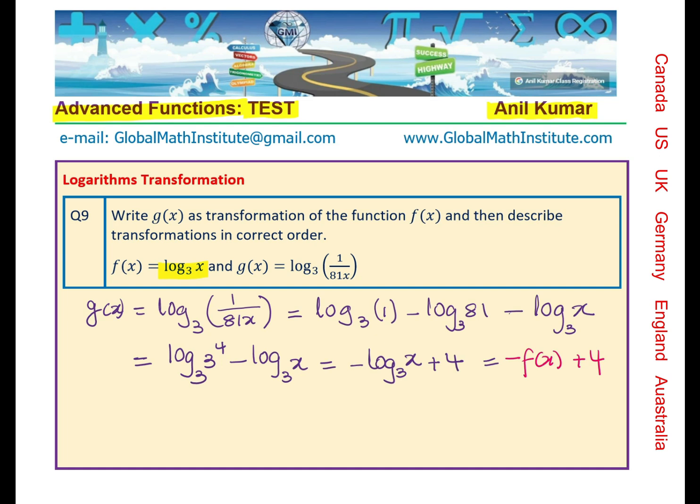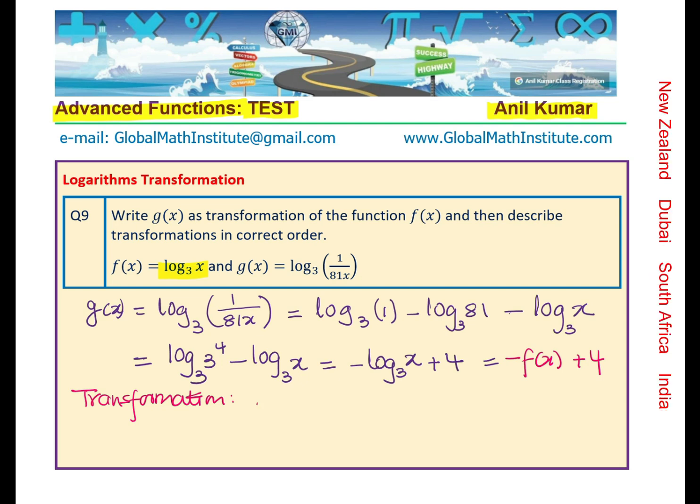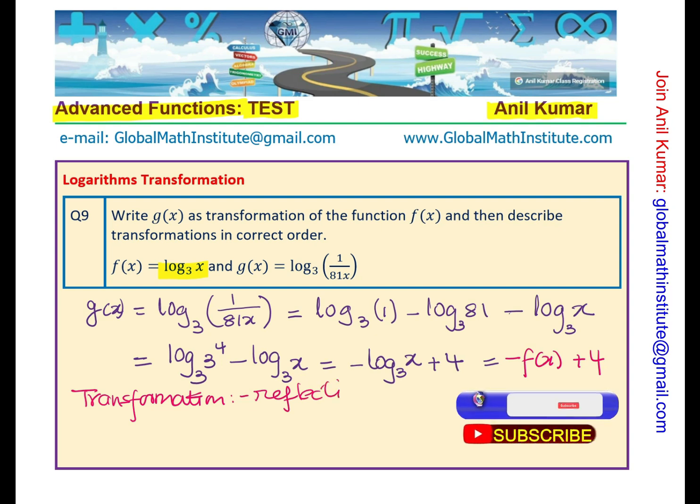Transformations start from left to right. Minus means reflection on the x-axis, right? And translation 4 units up.